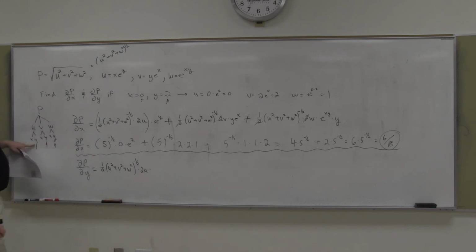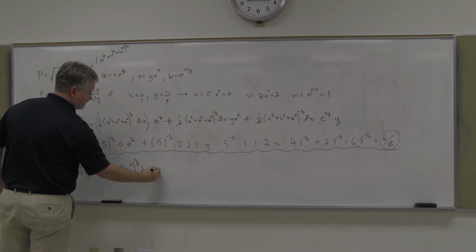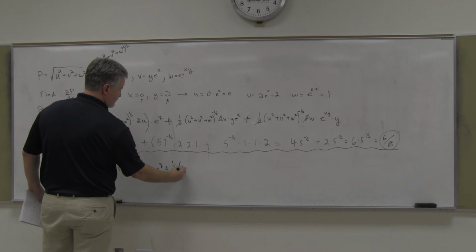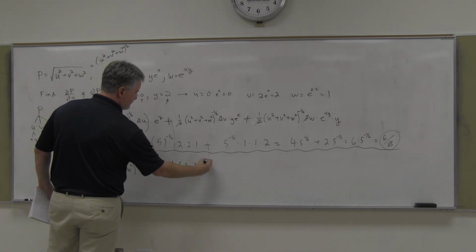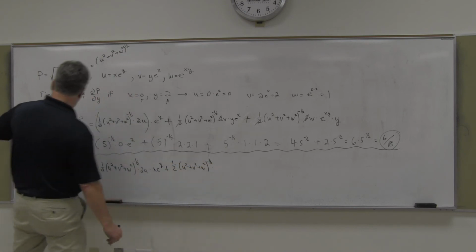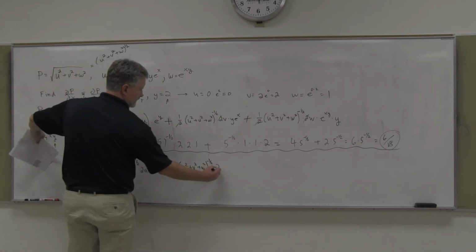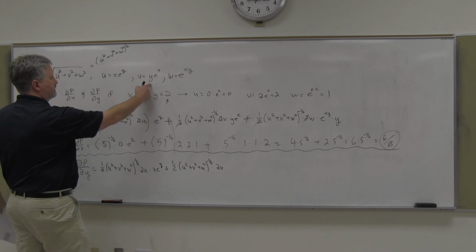Then I do the partial of u with respect to y. That's just going to be x. Then I would do 1/2 (u squared plus v squared plus w squared) to the negative 1/2. Now I'm doing it with respect to v, so that's the 2v. Then I'm doing the partial of v with respect to y, which is e to the x.